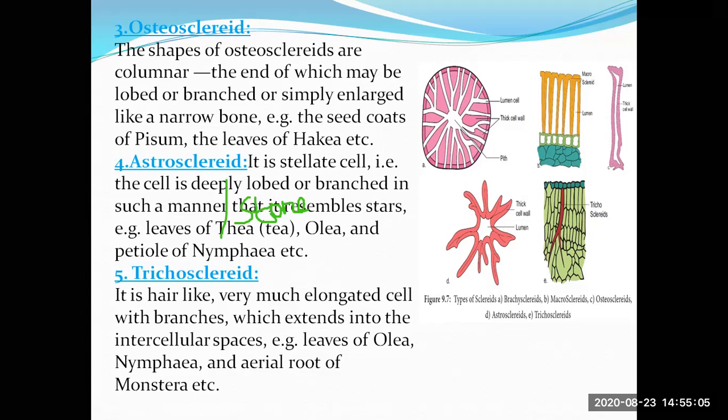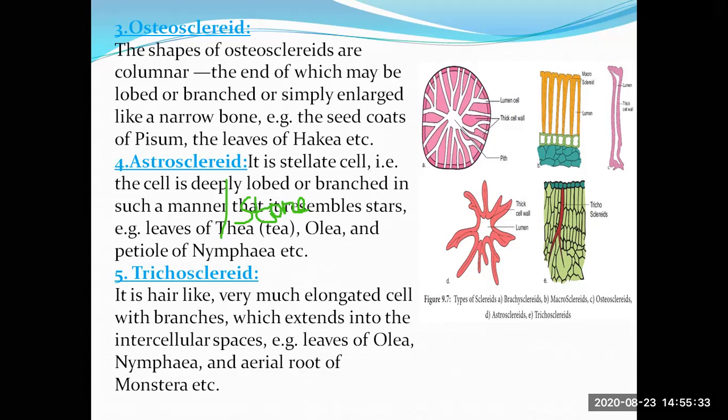Next one is astrosclereids. Astrosclereids means they are star shaped. They are stellate cells. Okay, they are deeply lobed or branched in their structure. They resemble a star. See, their structure is very close to stars.